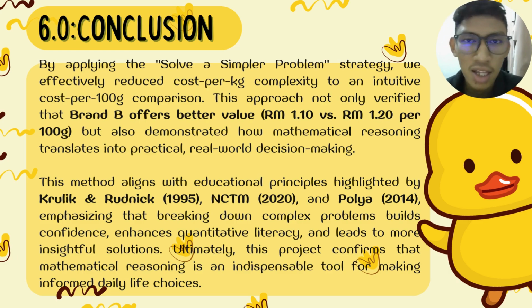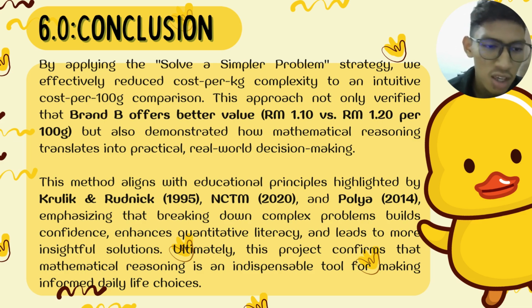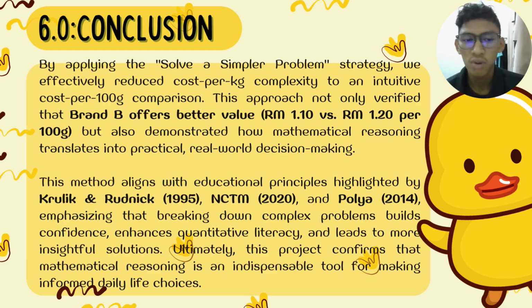This method aligns with what Krulik and Rudnick in 1995, NCTM 2020, and Polya 2014 have emphasized, that breaking down complex problems builds confidence, improves reasoning, and enhances quantitative literacy. Overall, this project taught me that mathematical reasoning is not just for exams, it's a valuable life skill that helps us make smarter, more informed decisions every day.